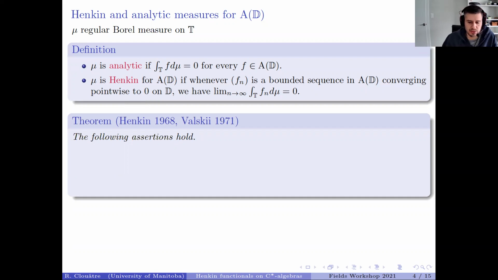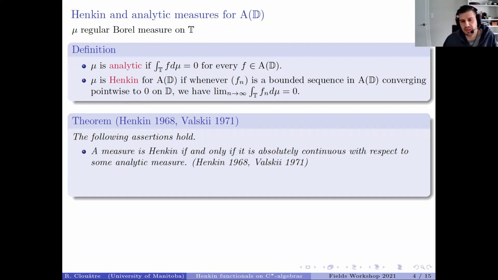Okay, there's two assertions here. The first one is genuinely a combination of work of these two people, and it says this. It says that a measure is Henkin if and only if it is absolutely continuous with respect to some analytic measure. Now, this is not the typical way in which this theorem is stated, but it's true. Okay, so this is a consequence of theorems of Henkin and of Valskii.